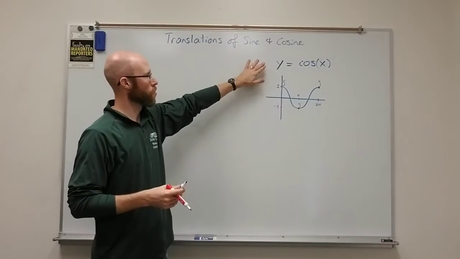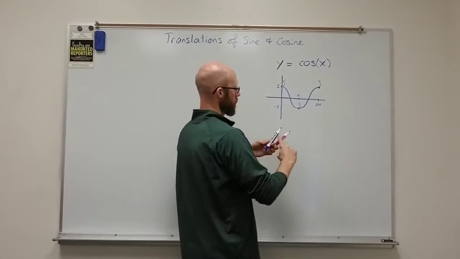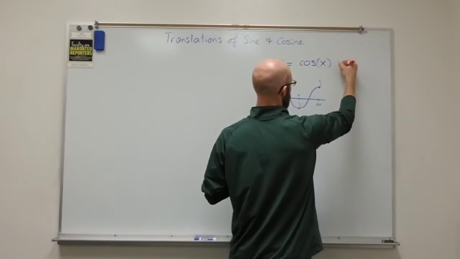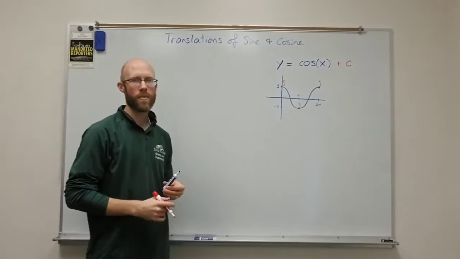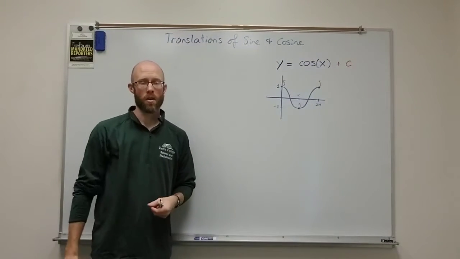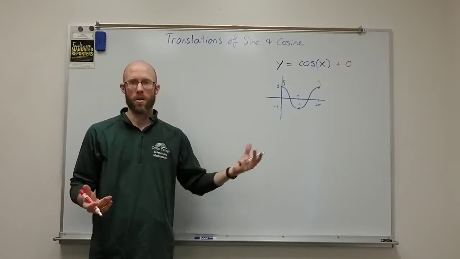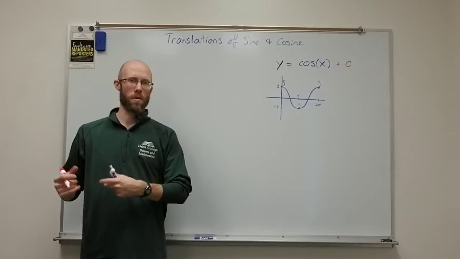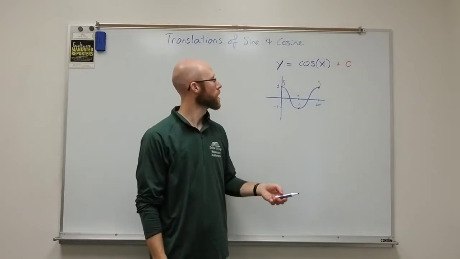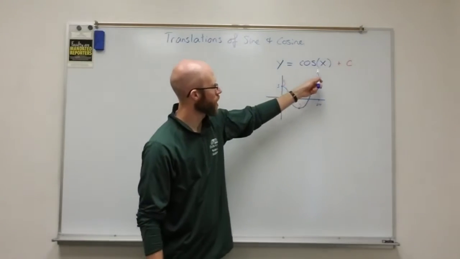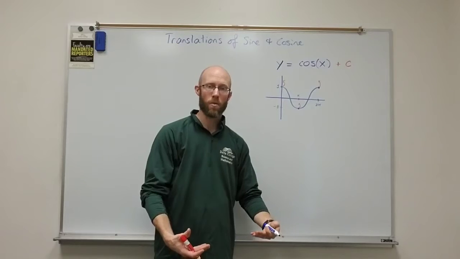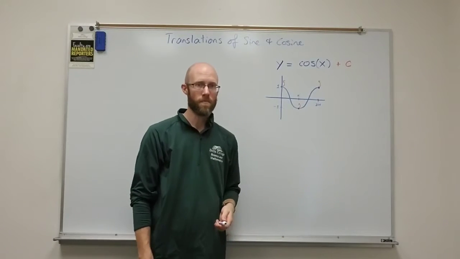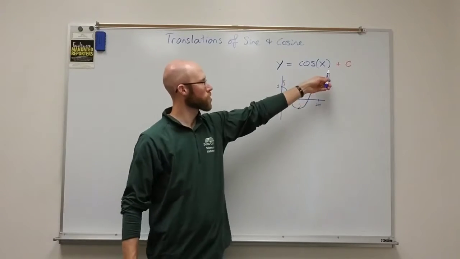And so what you end up with is just simply adding a number, we're going to call it c, outside of the cosine or the sine. It could be the sine too. I'm just using the cosine because I've dealt so much with the sine in these videos. To raise the value or to drop it, dropping it would be subtracting a constant, you just go with a plus c.